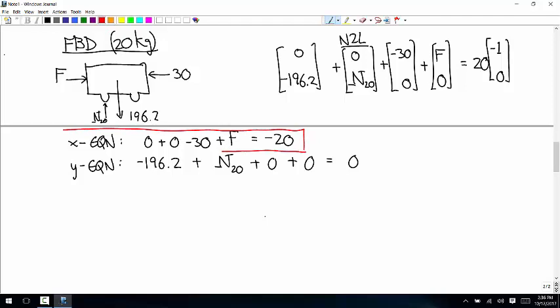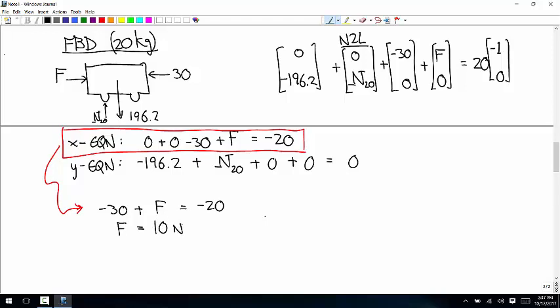So this is the one we want. This equation says negative 30 plus F is equal to negative 20. And so F is equal to 10 newtons.